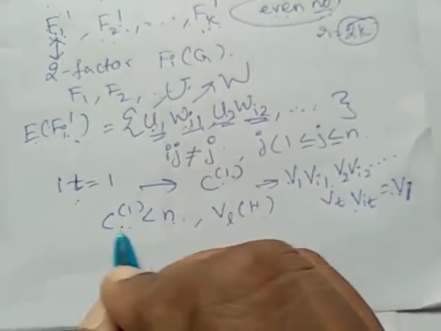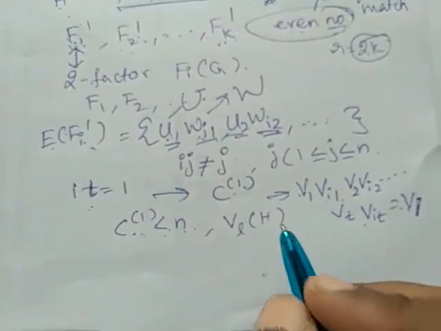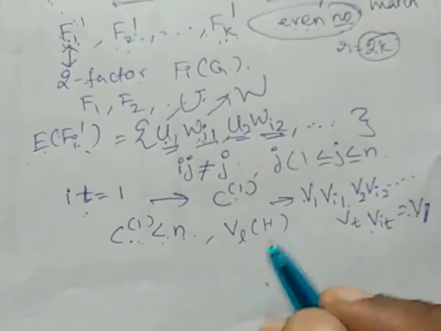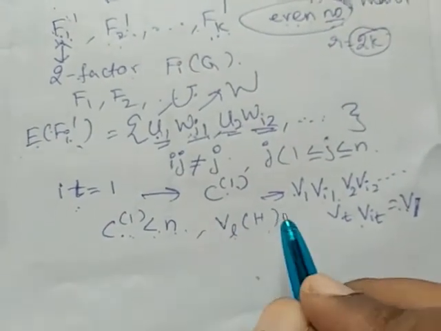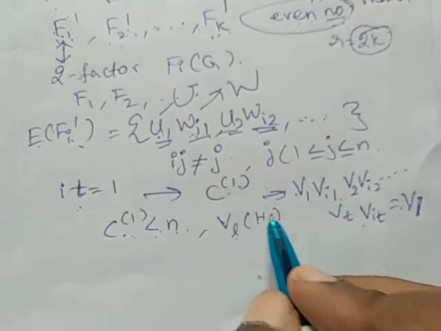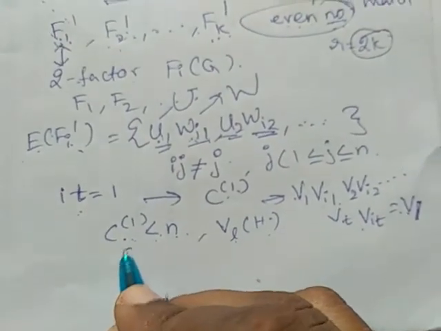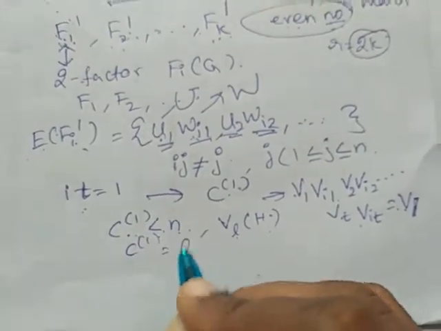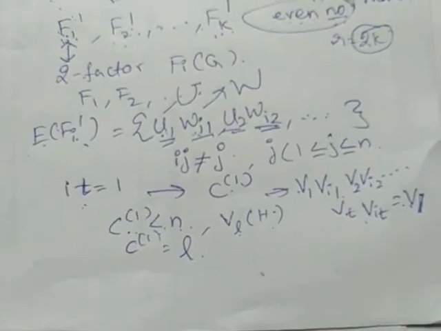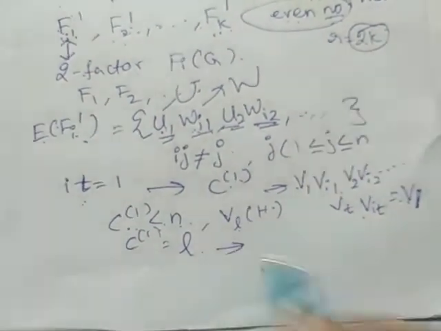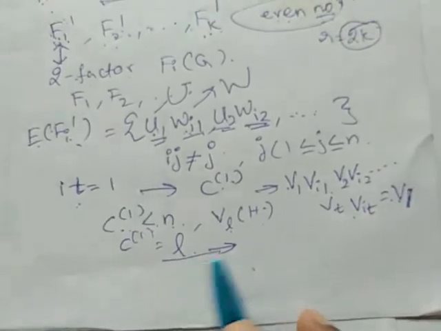If the length is less than n, obviously there exist some extra vertices that we call VL of H. This gives rise to a second cycle by combining these extra vertices.